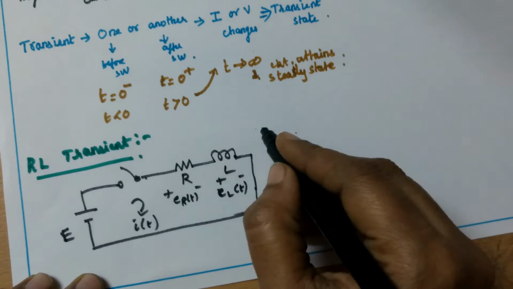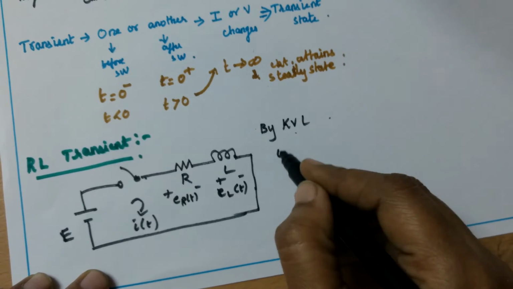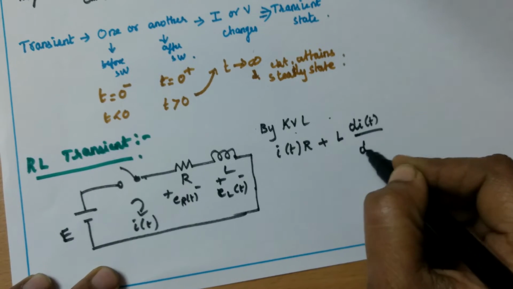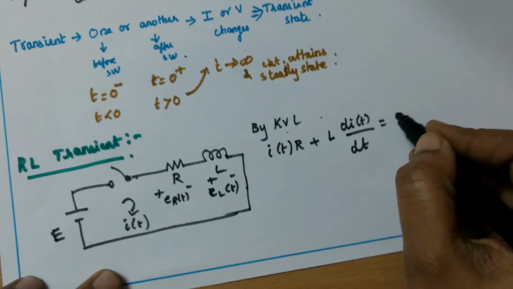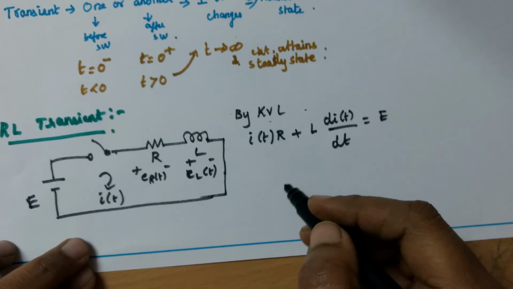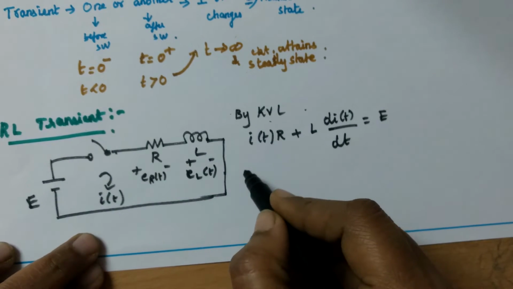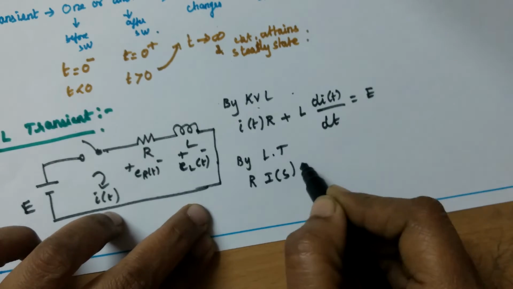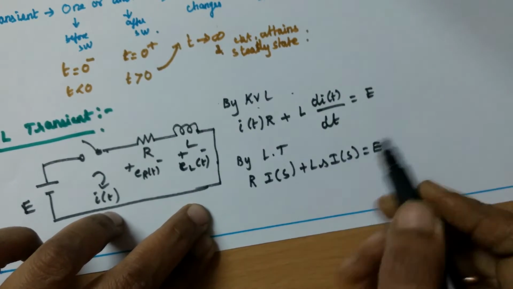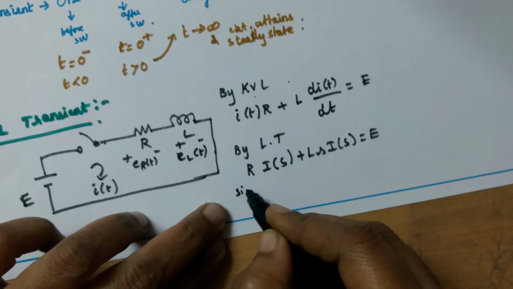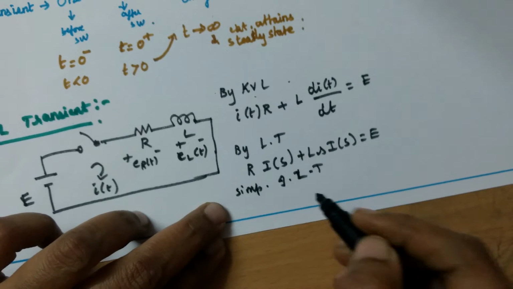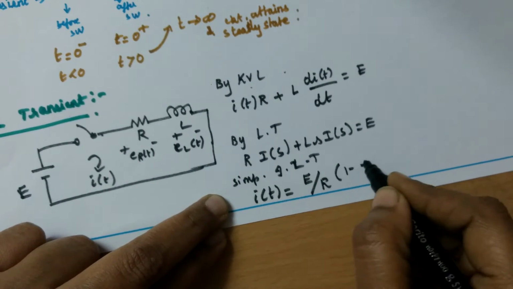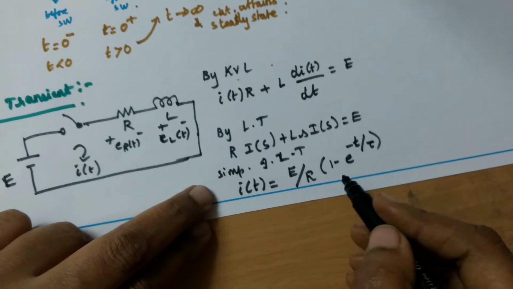We can write the equation directly by Kirchhoff's voltage law: i(t) times R plus L times di(t)/dt equals E. Taking the Laplace transform, this becomes R times I(s) plus Ls times I(s) equals E. After simplifying and taking the inverse Laplace transform, the current equation becomes i(t) = E/R times (1 minus e^(-t/tau)), where tau is the time constant.